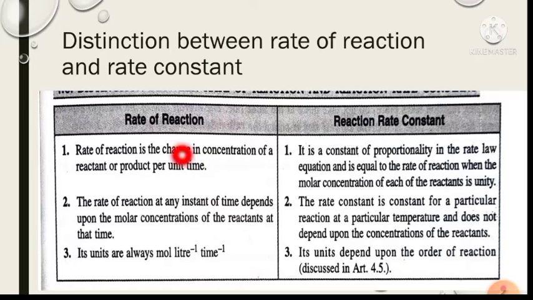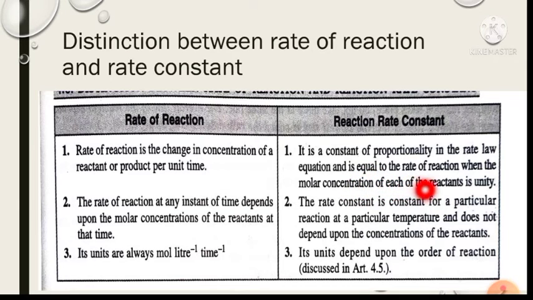The first one is: rate of reaction is the change in the concentration of reactant or product per unit time, and reaction rate constant is a constant of proportionality in the rate law equation and is equal to the rate of reaction when the molar concentration of the reactant is unity.